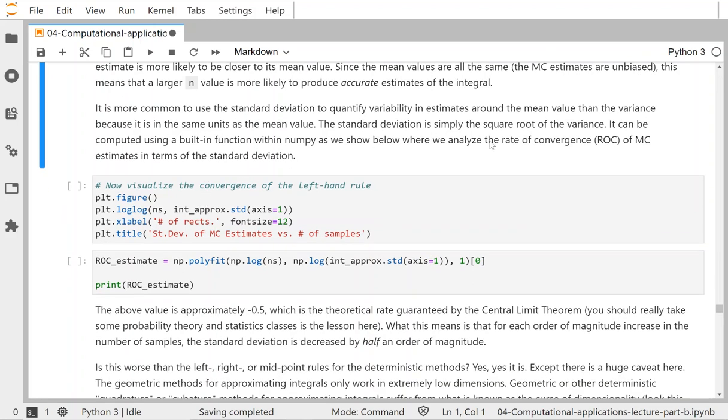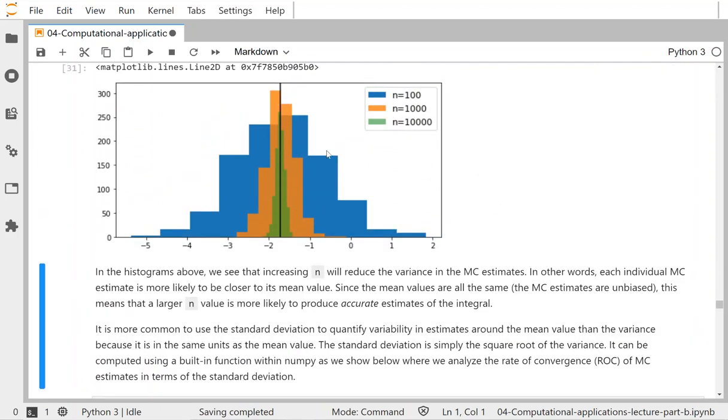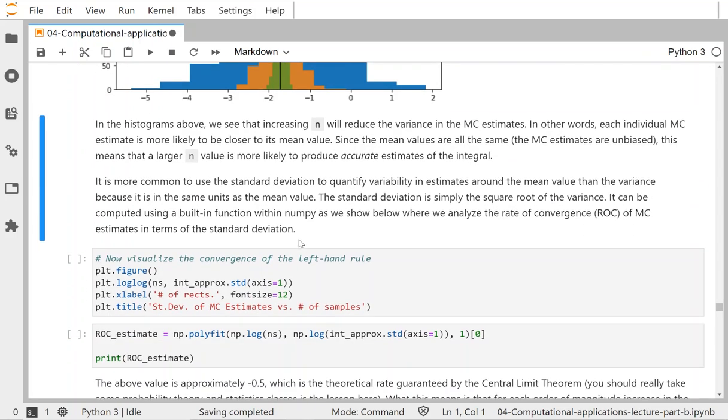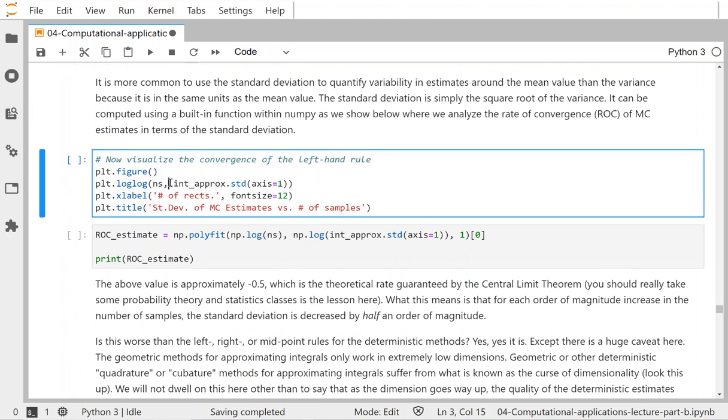And that's what you want to analyze with the rate of convergence, because the expected value of our Monte Carlo approximations are good. You want to look at how quickly you're reducing the variance around those estimates, the mean of that Monte Carlo estimate. So I have a log-log plot and I plot the n's and then I plot the standard deviation of my approximations.